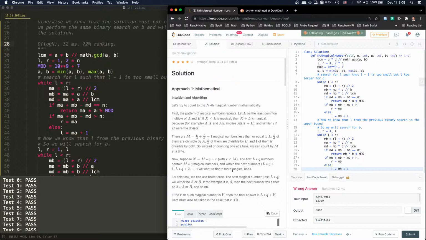We want to find r more magical ones. Oh, that is true. There are m magical numbers, so we just keep going m. And then if n equals this, we just need to search, right?